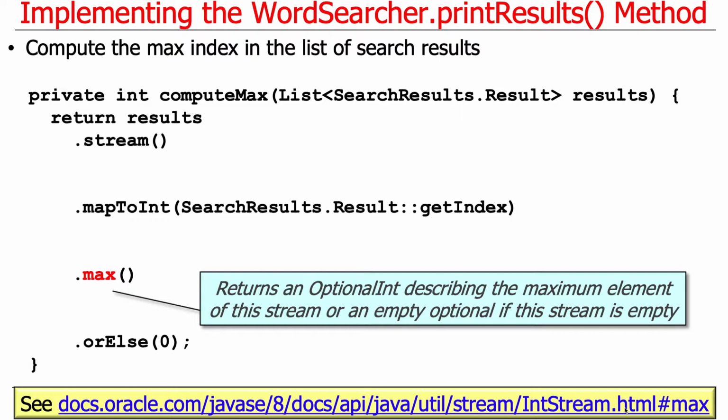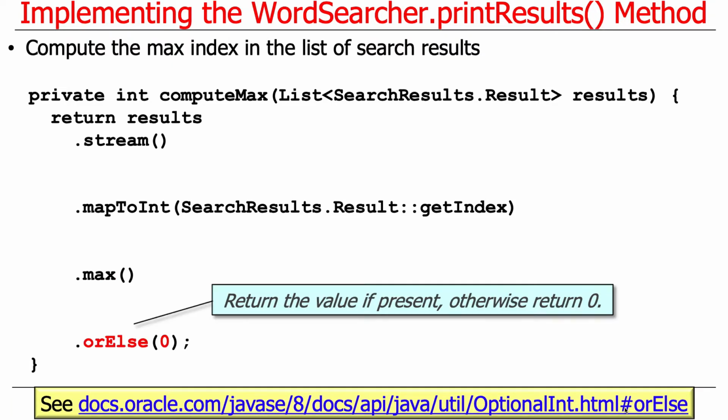We'll talk more about optionals. I think we've actually talked about optionals earlier in the class. An optional is just there as a placeholder to get rid of null values. So you never have to worry about something being null. If something isn't there, it comes back as an empty optional. So we get back an OptionalInt, and if that OptionalInt has a real value, then when we do the orElse method here, that will return whatever the max was.